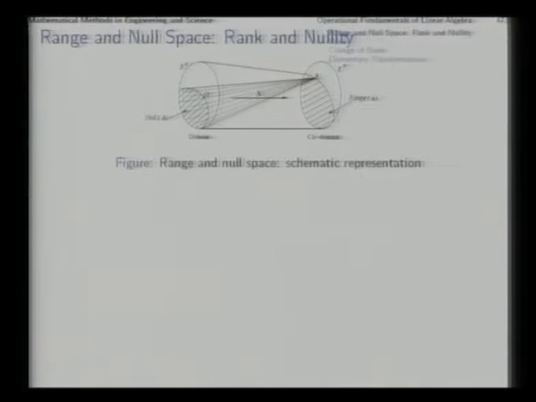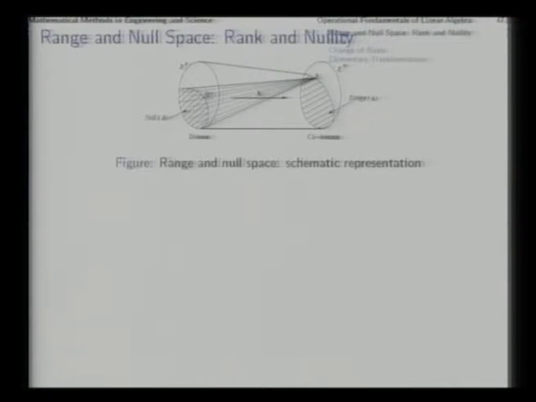That is, this entire space is the domain Rn, this entire space is the codomain Rm. Now, the entire Rn domain must get mapped, but then it may get mapped to a subspace of the codomain. That subspace is the range space.